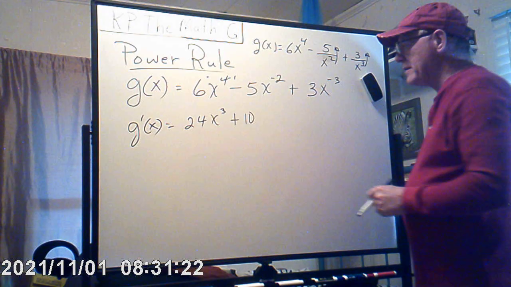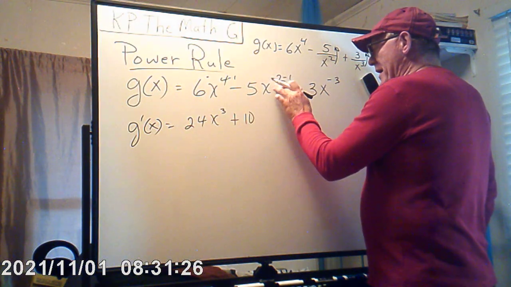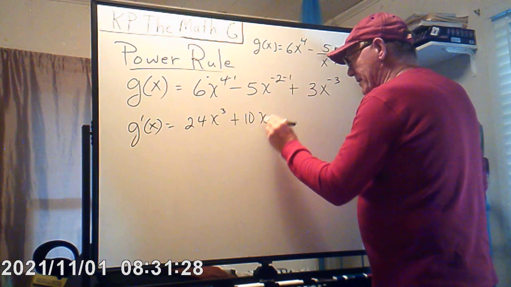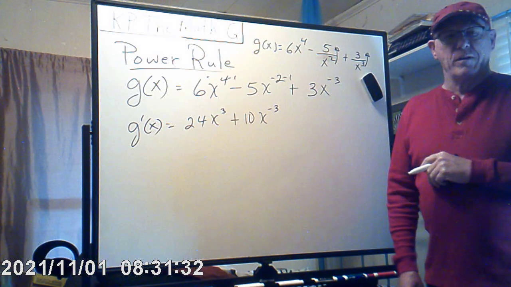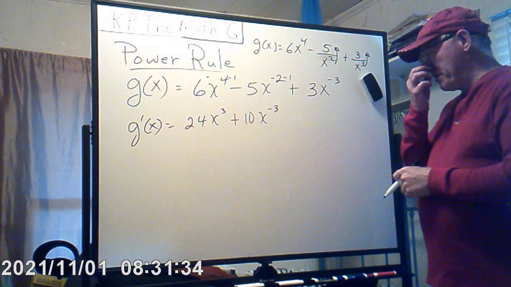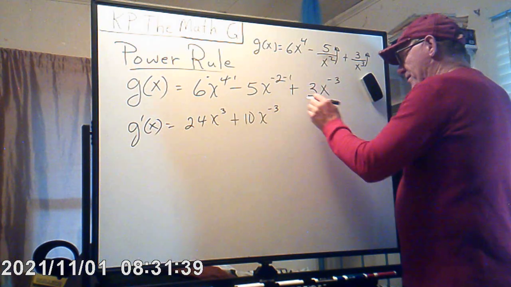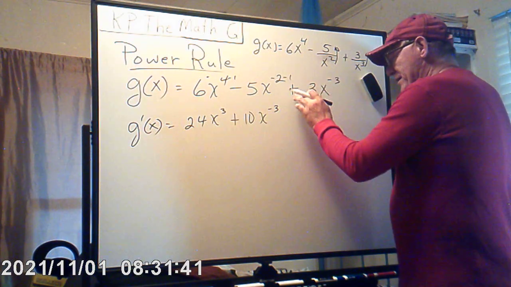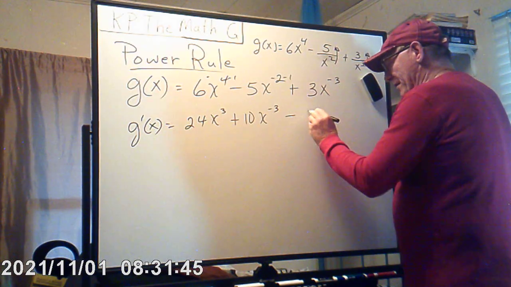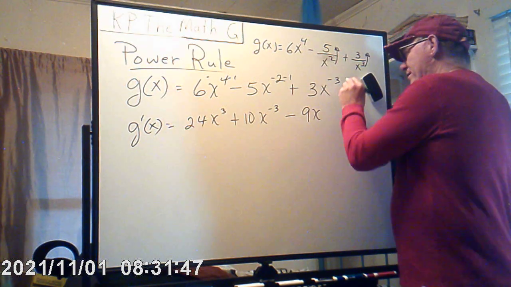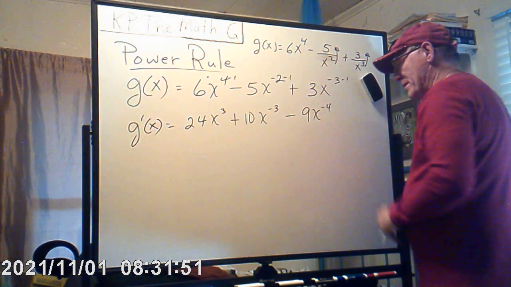Positive 10. Now remember, if you reduce this by 1, that's really going to be negative 2 minus 1, which is negative 3. Then again, the same thing: negative 3 times 3, instead of this being positive, this is going to be a minus sign here. So negative 9x, and then if we reduce that by 1, you'll get negative 4.